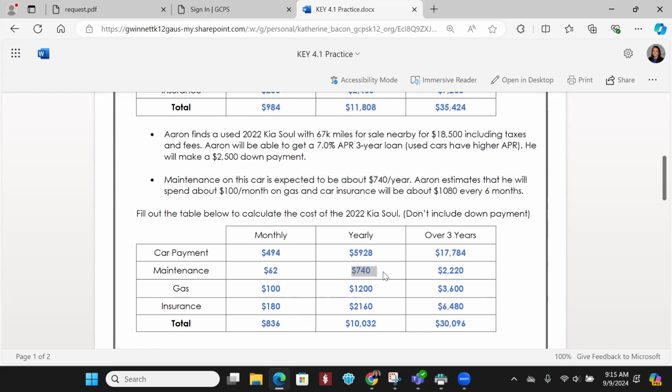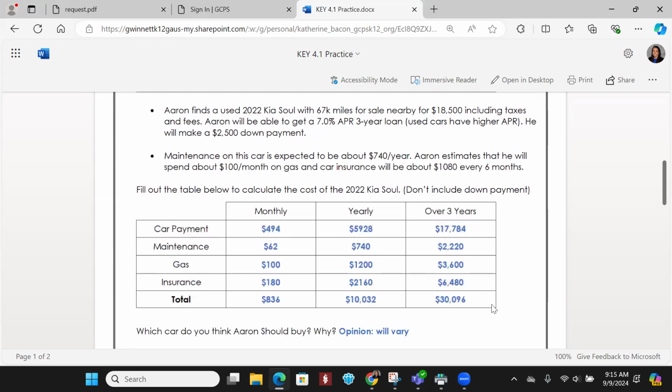Okay, so you would put that in the yearly, divide it by 12 to get the monthly, and then $100 per month for gas, $1,200 for yearly, and then for insurance, it would be $1,080 every 6 months. So you would divide by 6, and that would give you $180. For yearly, you would multiply it by 12. And then you would take this entire column, multiply it by 3 to get this column. And your total would be $30,000.